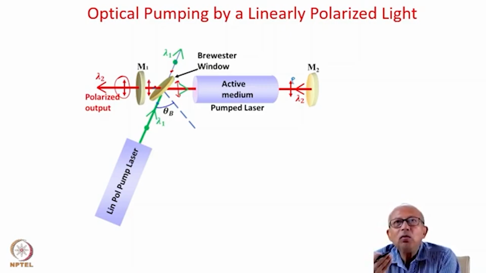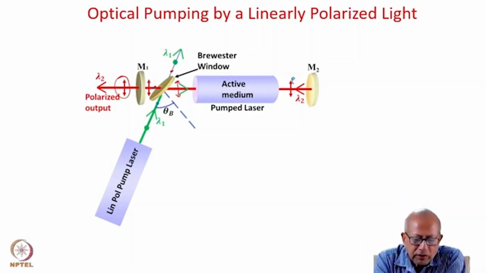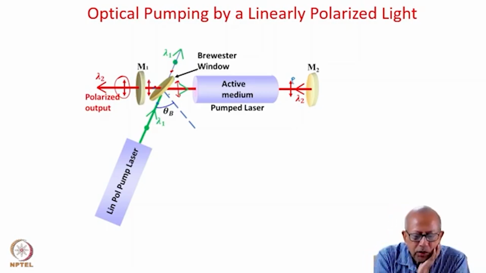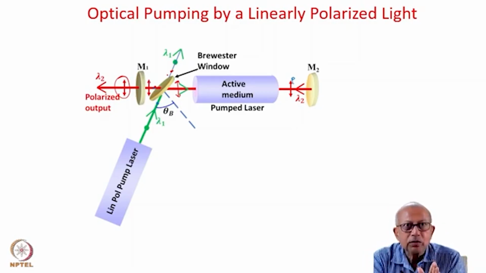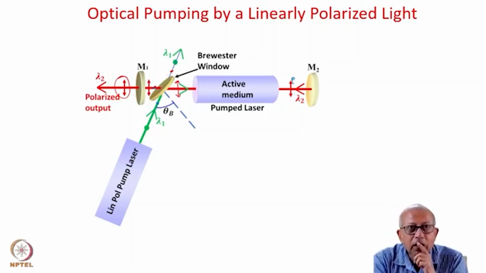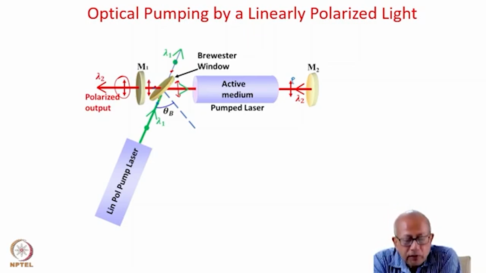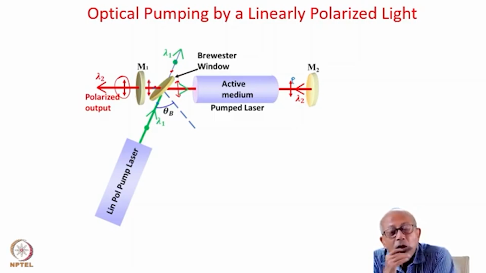Actually, there would be hardly any loss of power on S polarization. So this is how this Brewster plate works, and it can actually replace a dichroic mirror, and its optical damage threshold is very high because it hasn't got any dielectric coating like a dichroic mirror, which has a special dielectric coating.